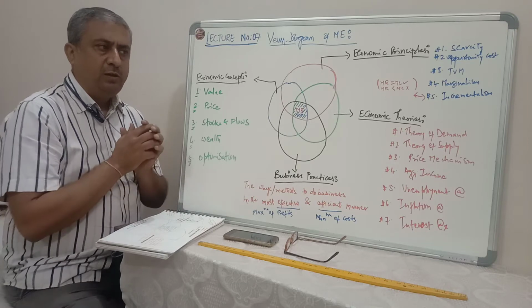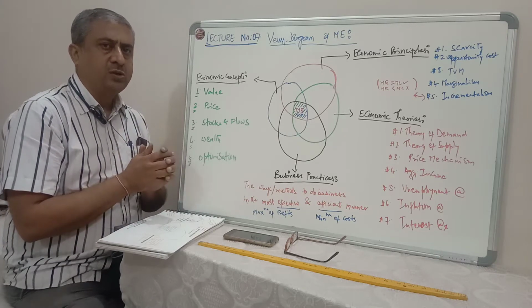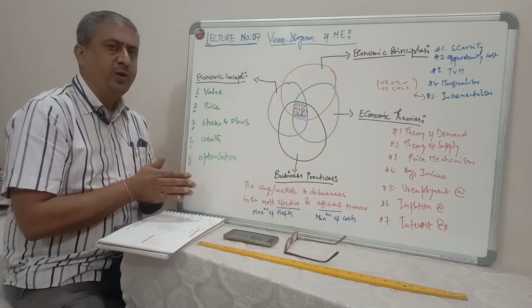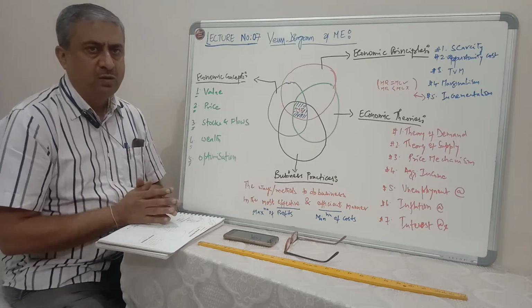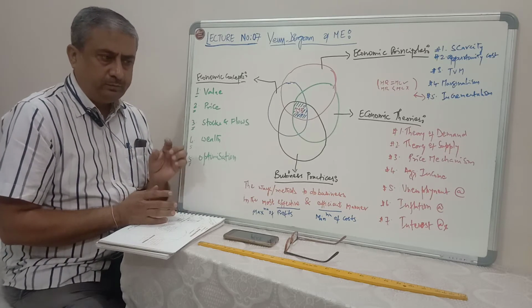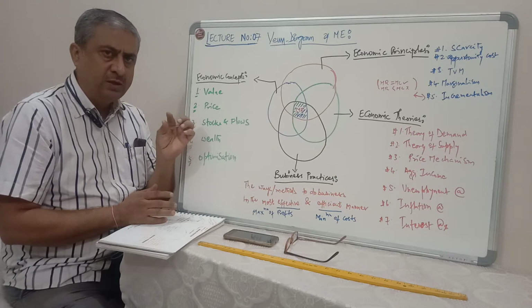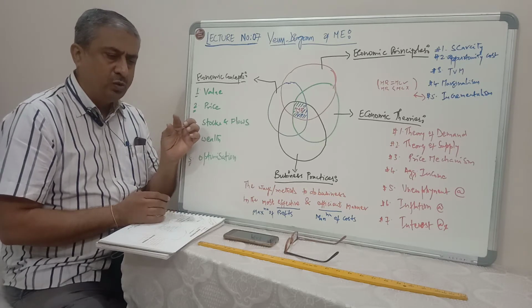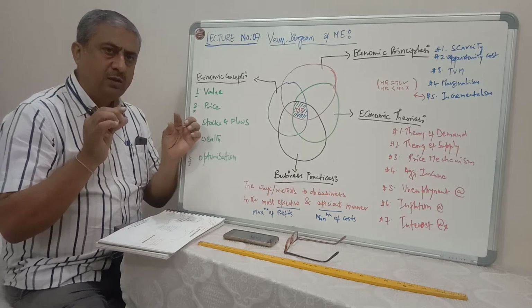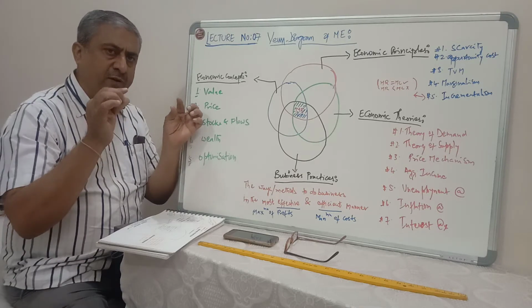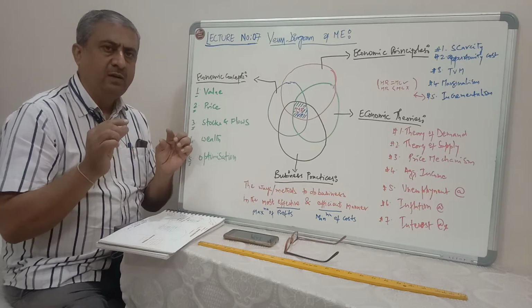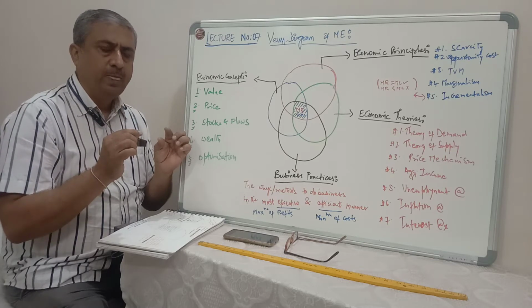So, if marginal costs have a corresponding change in marginal revenues, meaning if there is a marginal increase in cost, it should reflect in a marginal increase in revenue, sales revenue.